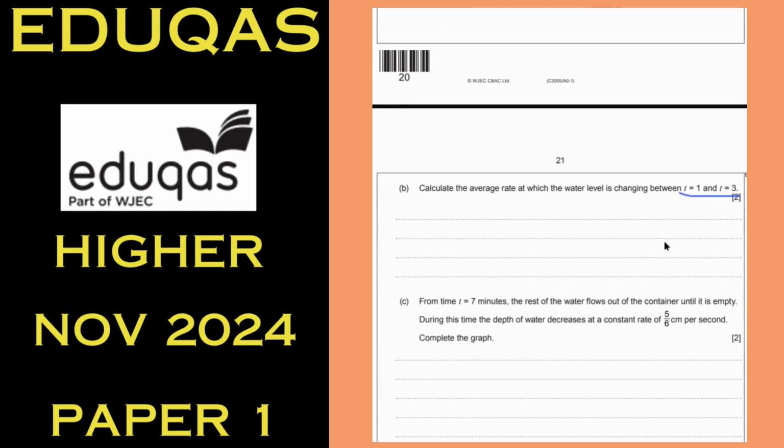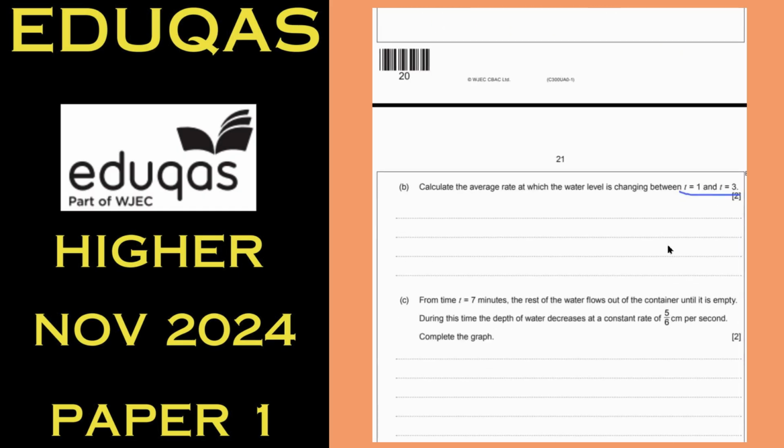So the average will be 37, take away 2, that's the difference. In other words, 35. And the difference in time is 2 seconds. We've got 35 divided by 2 for 17.5. 1 for method, 1 for answer.